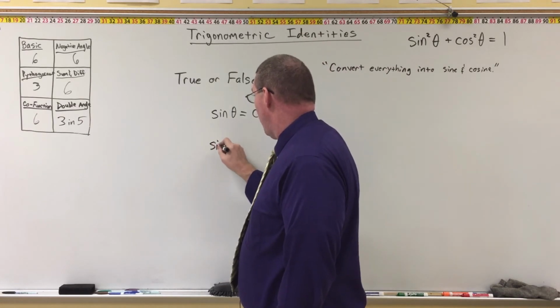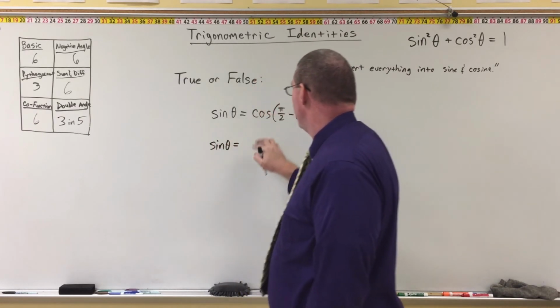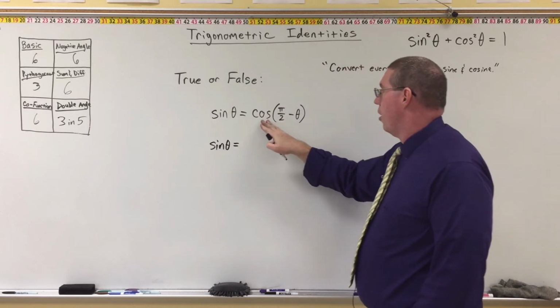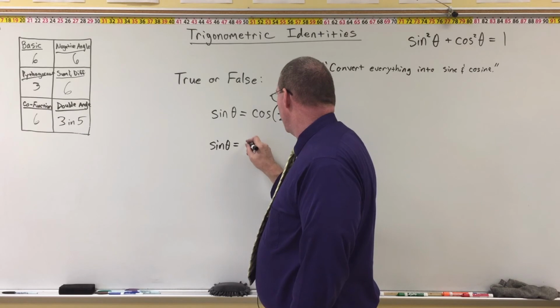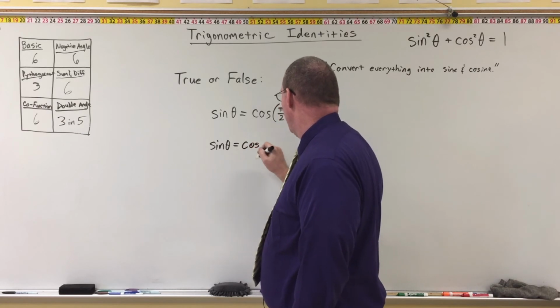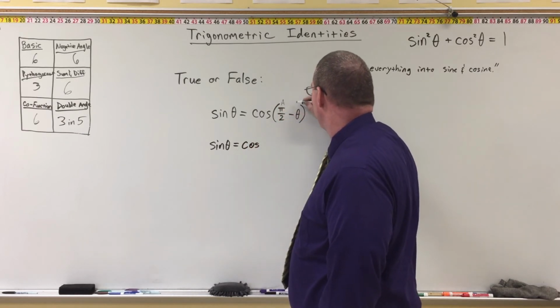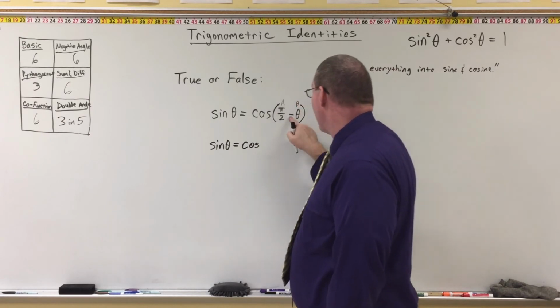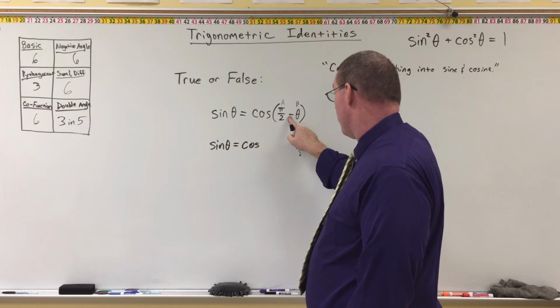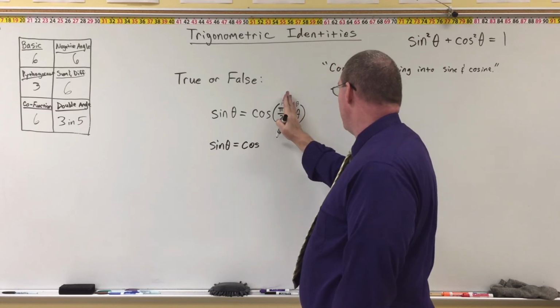So we're going to say sine of theta is equal to, and then our difference identity for cosine, if you recall, is cosine. We're going to call this is going to be A, the pi over 2, and this is going to be B, which is going to be the theta, okay? Now, it's not negative theta. That's simply the difference, okay? A is pi over 2, B is theta.